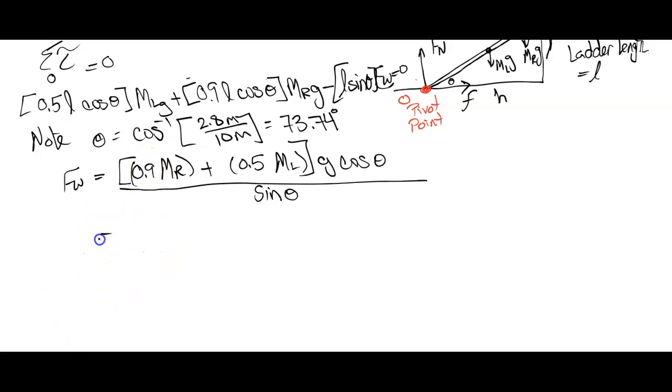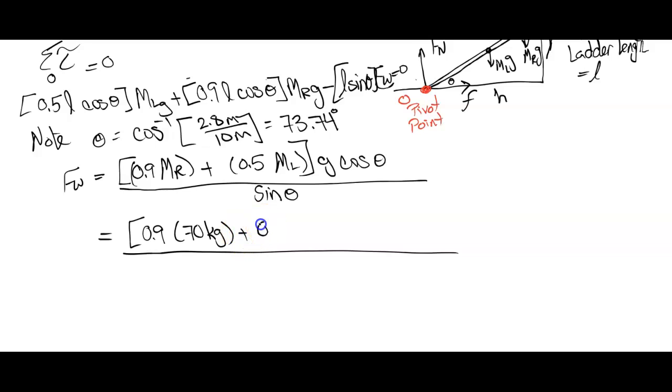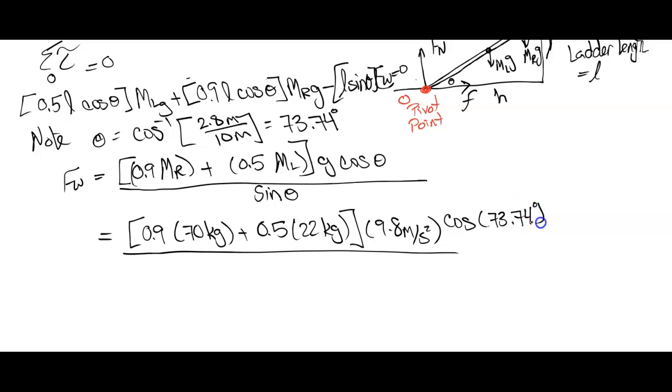So now we can plug in our values. 0.9 times, we know that mass of Romeo is 70 kilograms. We are given that the mass of the ladder is 22 kilograms times g, which is 9.8 meters per second squared, times the cosine of 73.74 degrees.